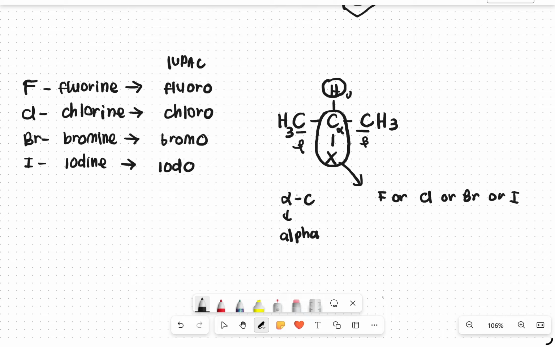So this is alpha hydrogen. If the carbon is beta, then all of these hydrogens are beta. All of these 3 hydrogens are attached to beta carbon, so all of these are beta hydrogen. Make sure you know the concept first. This is the most critical part. You have to know which one is alpha, which one is beta.